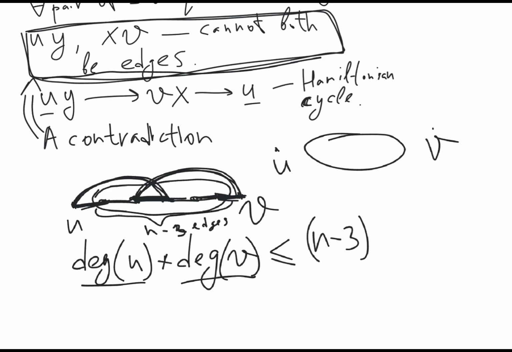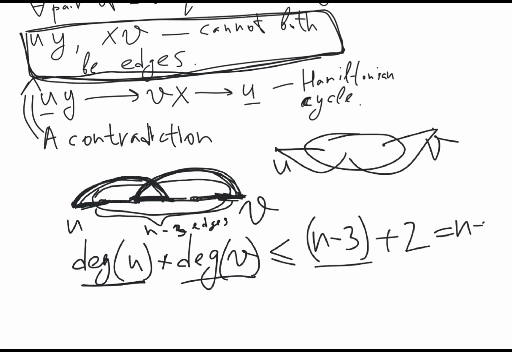Except these two special edges, all other edges that go from u and v, the sum of them is less than or equal than n minus 3. And the two special edges to the next vertex in the path, all other edges we bound from above by this statement. So in total this would be n minus 1.